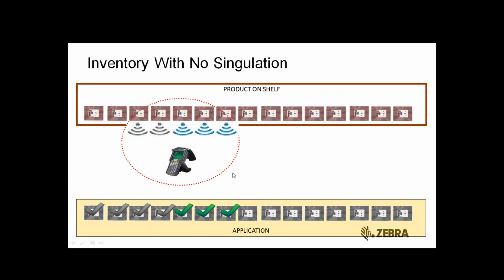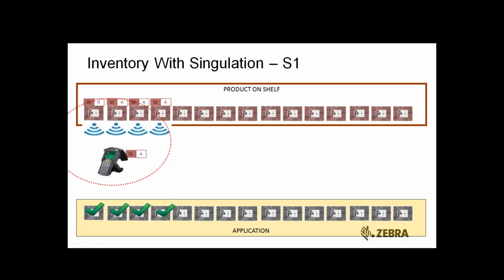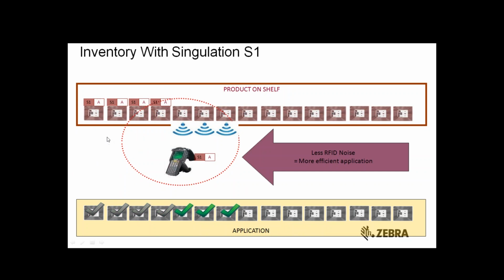Now, when we enable singulation on the Zebra devices, the device will only read the tags that you're looking to read. Specifically, if you have read a particular tag, it will not read it again. So this makes a much more efficient application.